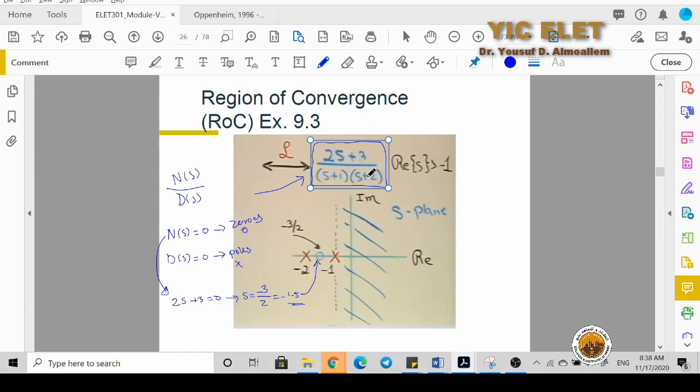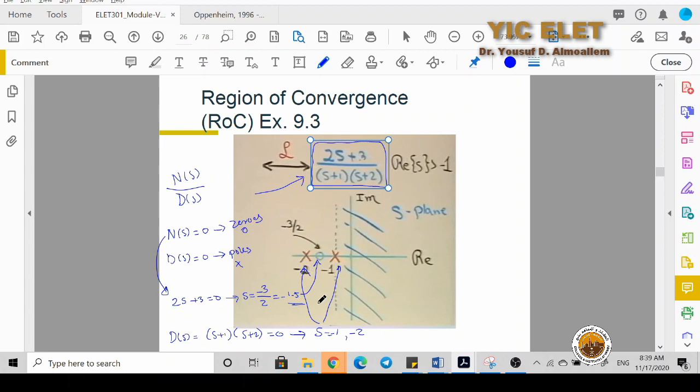And then I will solve the denominator. So D of s will be equal to s plus 1 times s plus 2, and this will be equal to 0. This gives us s equal to minus 1 or minus 2, and these are the poles. So we will put the x here and here.